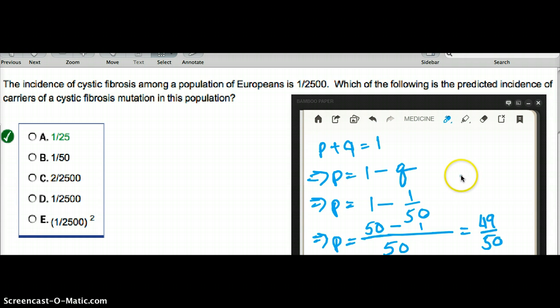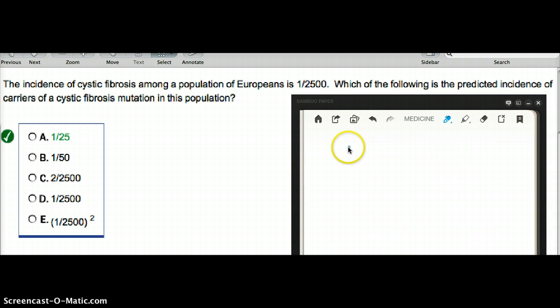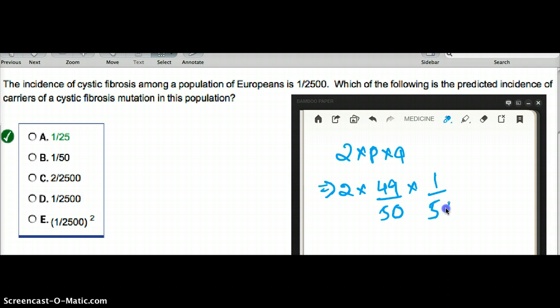Now we're going to find 2pq. So we have 2 times p times q, where p is 49 over 50 and q is 1 over 50.